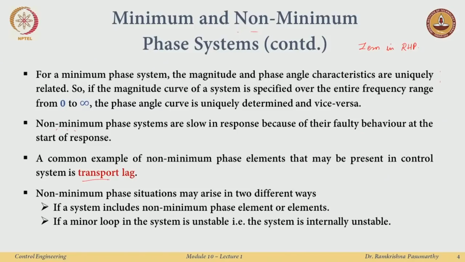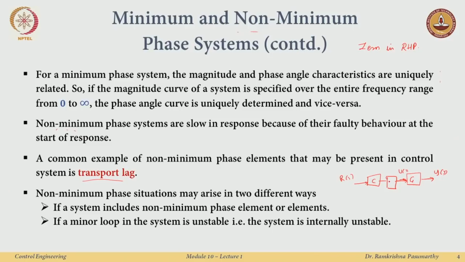A common example is transport lag. Let's say I have a very simple example. I have a plant here, G, I have a controller, maybe some reference signal, and as usual some output. There is some input to the plant, and there is a little delay between the time the controller sends a signal to the actuator and the actuator generates a control signal.